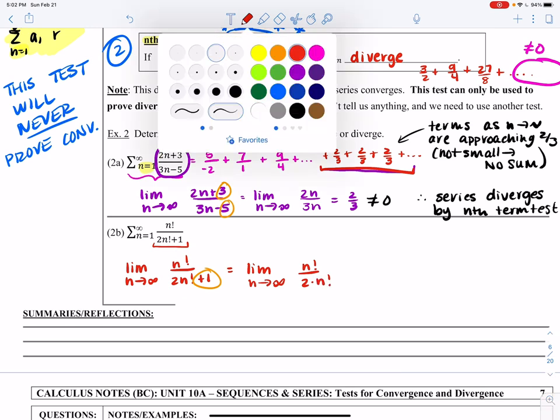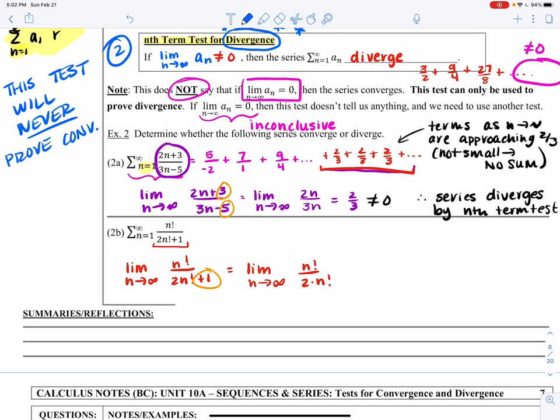And I can think about this as those n factorials are going to get rid of each other, if you will. And so what I'm left with is 1/2. And that means this does not equal 0. Therefore, my series diverges by the nth term test.